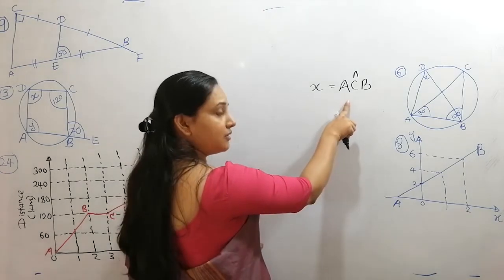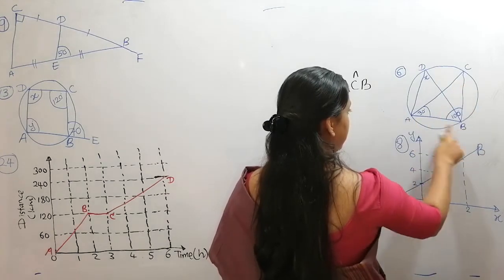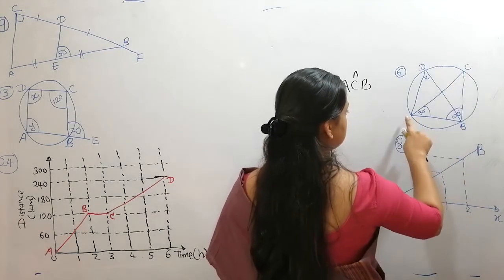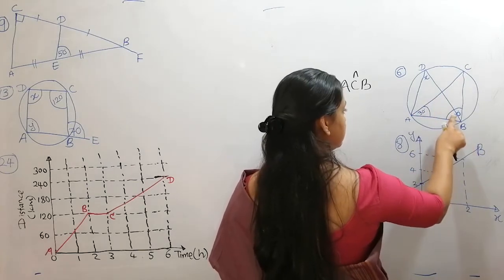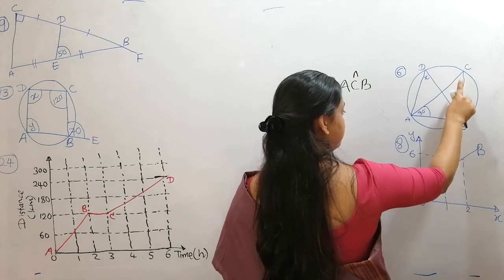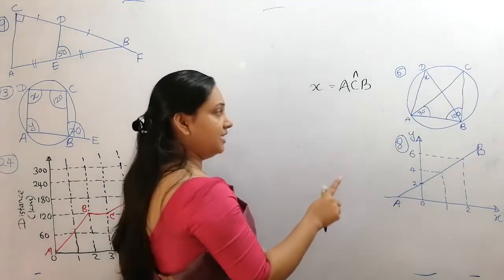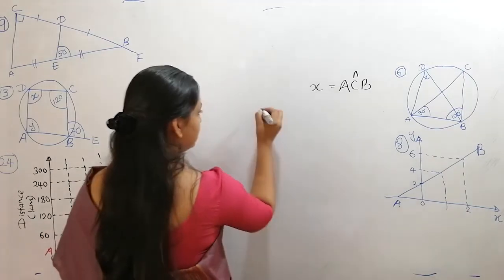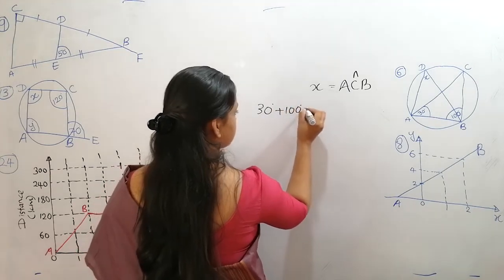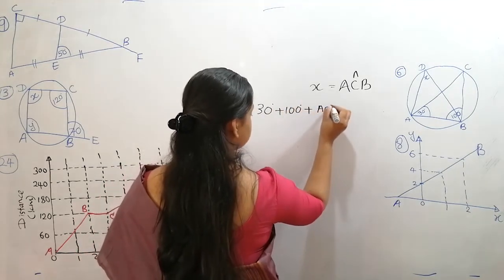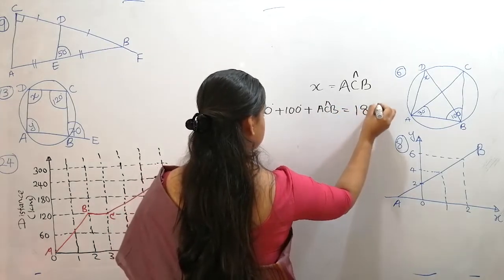How can we find the value of ACB? This is ACB. Look at triangle ABC. These two angles are given, so we can find this angle, since the sum of the interior angles of a triangle is 180 degrees. Then we can write 30 degrees plus 100 degrees plus angle ACB equals 180 degrees.